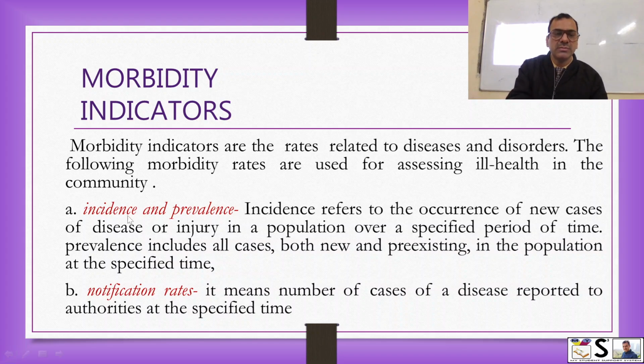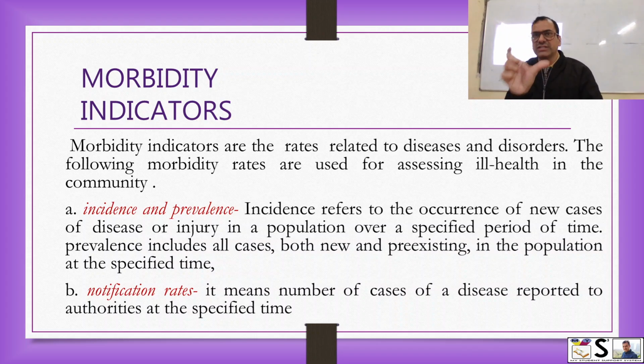Okay, prevalence. So what is the meaning of prevalence? Prevalence is both cases. Okay, both cases. The new cases appeared during the particular period and plus old cases which are there in the community. Maybe they are undergoing treatment or may not be. Okay.